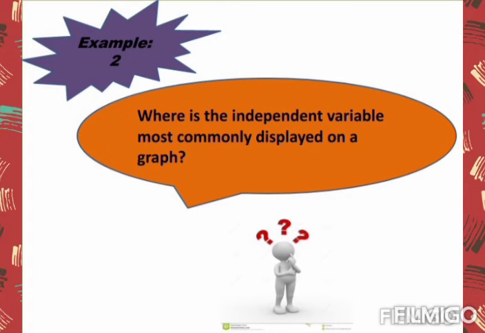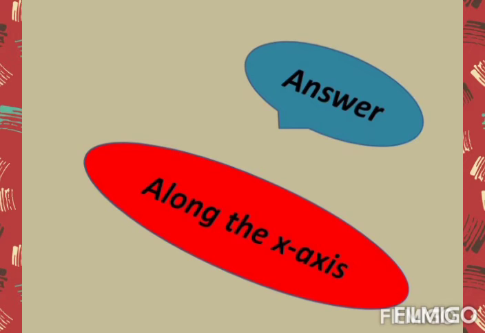Here is another question for you: where is the independent variable most commonly displayed on the graph? There are two axes, the x-axis and the y-axis.